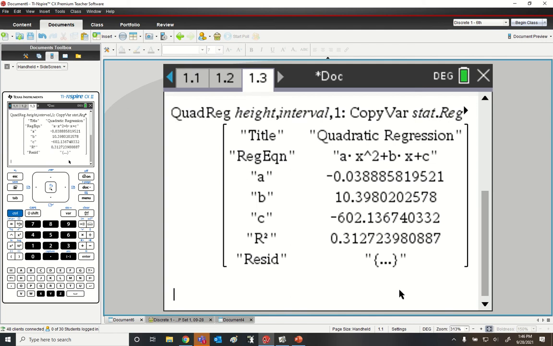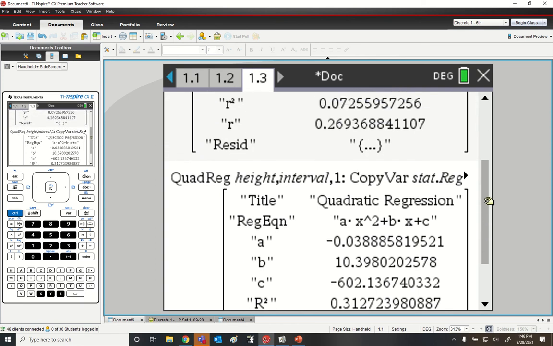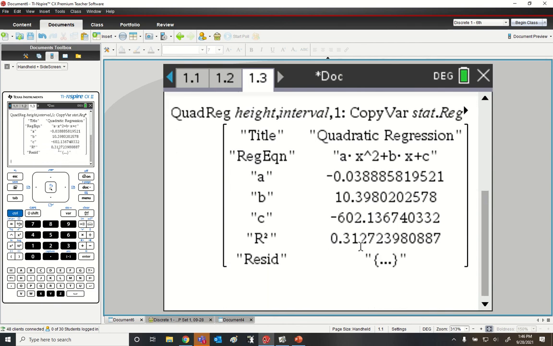So my r squared is 31%. If I scroll up a little bit to look at my previous, my r squared is 7% for my linear, isn't it? So far my quadratic is looking better. But is 31% a good score? It's not a good score.